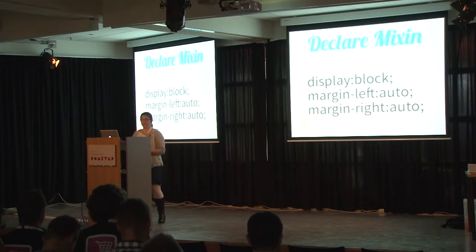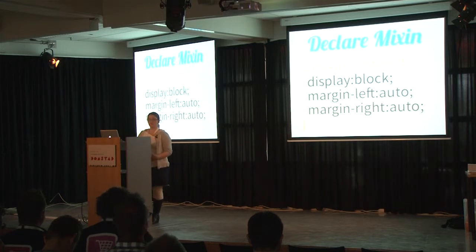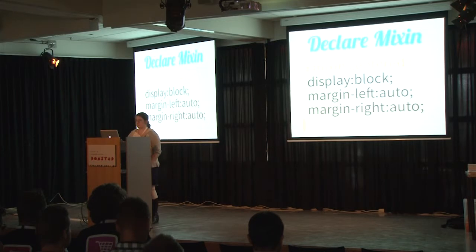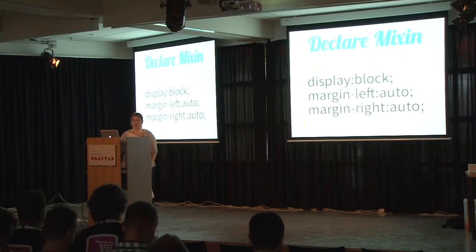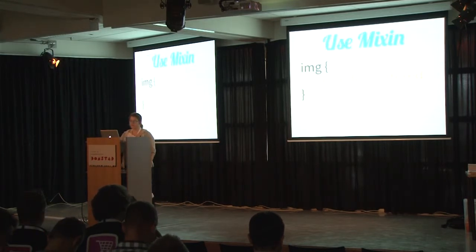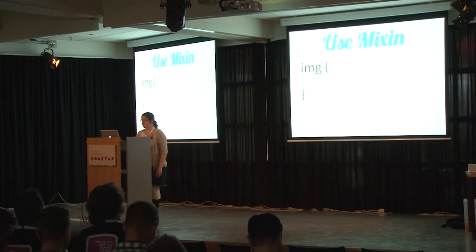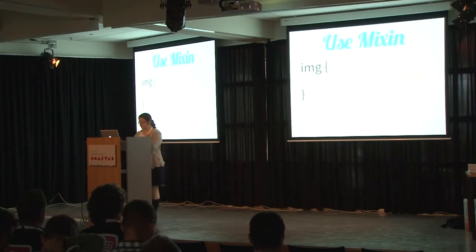I want to change it to display block and use auto margins on the left and right. And I don't want to write these 3 lines of code over and over and over. So I just create a mixin using @mixin. And then inside of whatever element I want to style, I @include and the name of the mixin.